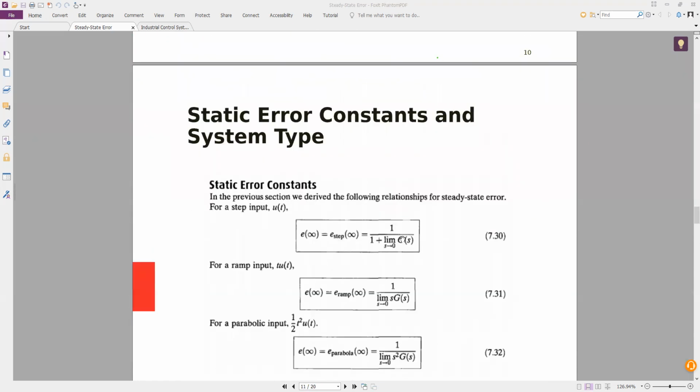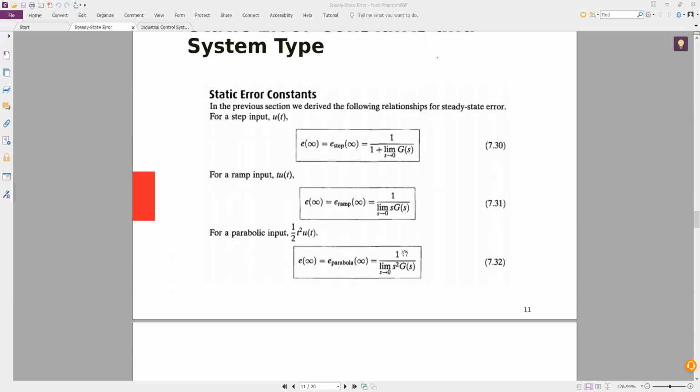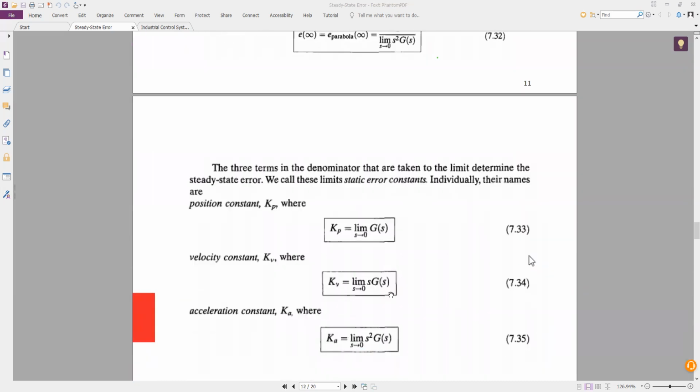Now these portions: for the step input it is Kp, the position constant, where Kp is limit s tends to 0 G(s). The velocity constant Kv is equal to limit s tends to 0 s into G(s), and the acceleration constant Ka is limit s tends to 0 s square G(s).